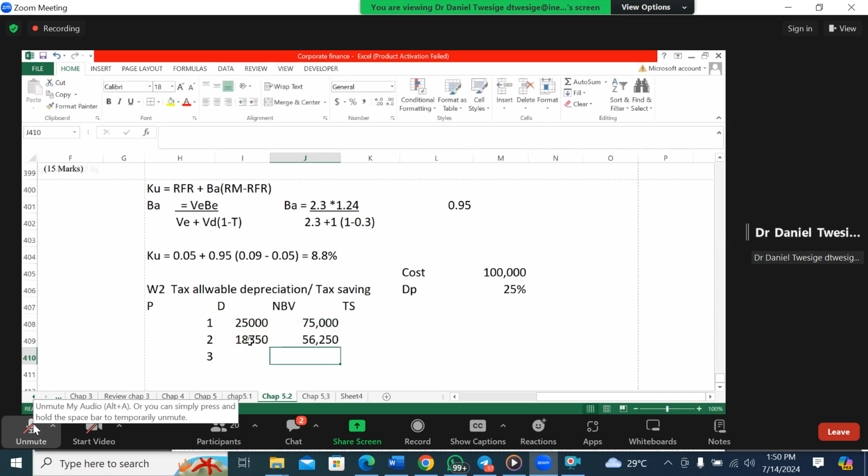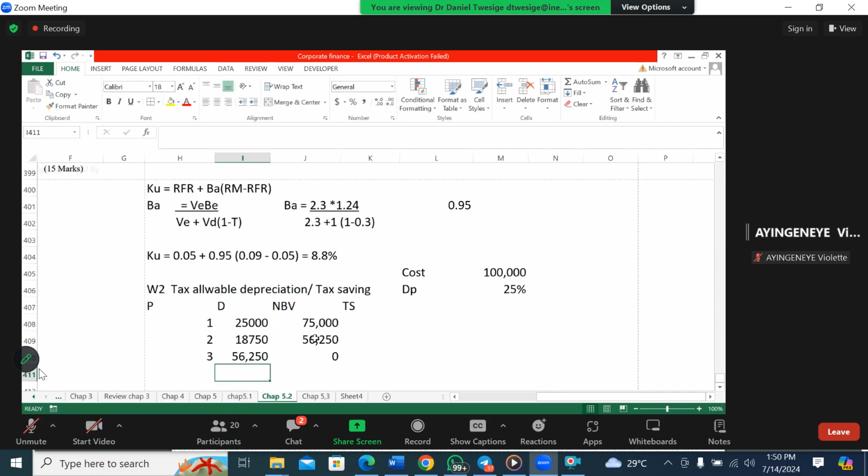And if you remember, they told us in the question, the scrap value at the end is 0. And they told us to recognize a balancing allowance. It means our balancing allowance will be this. Are we there? Please elaborate on that.